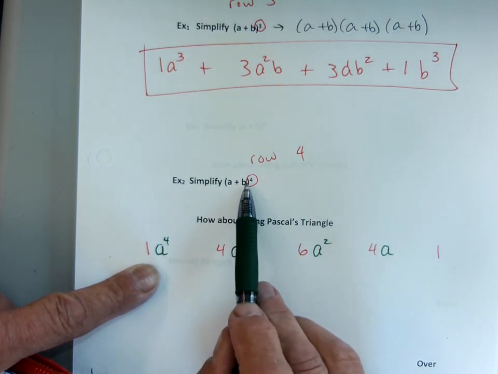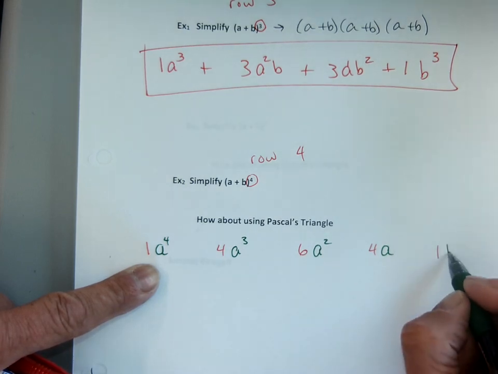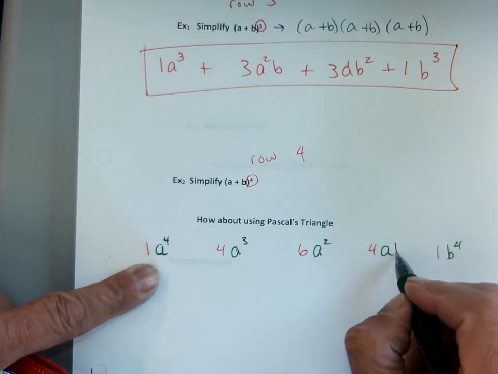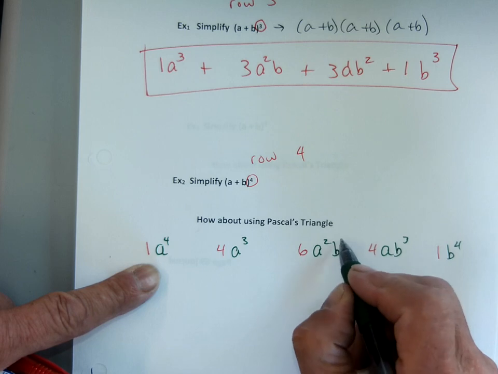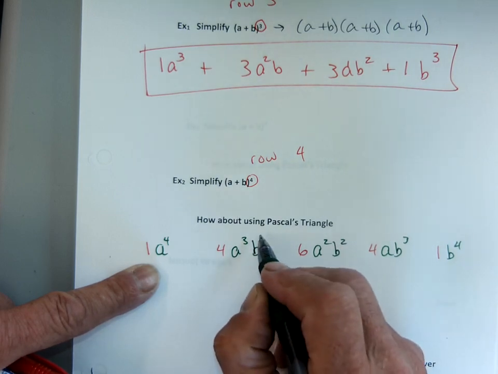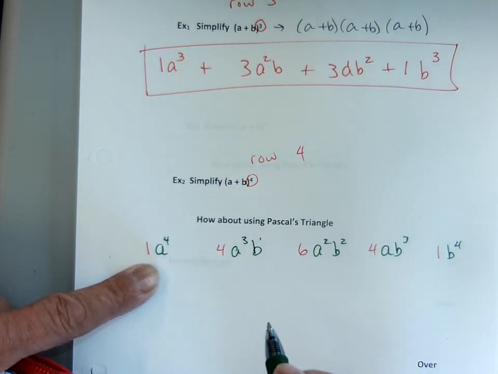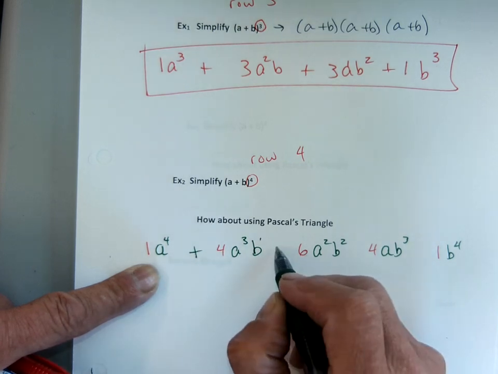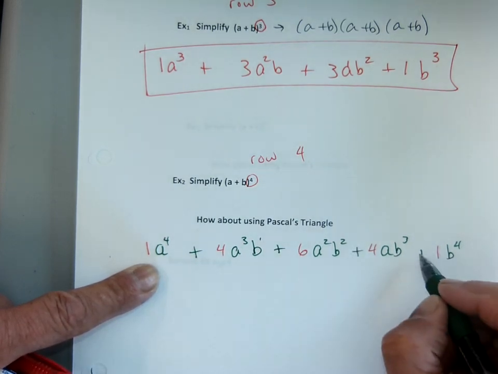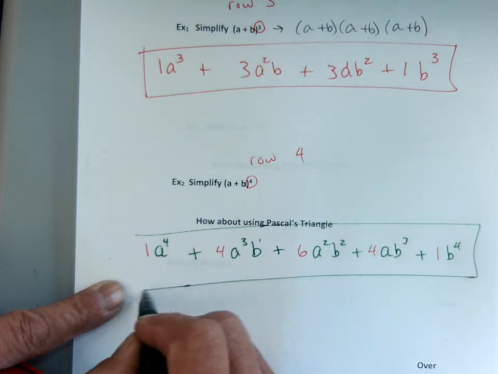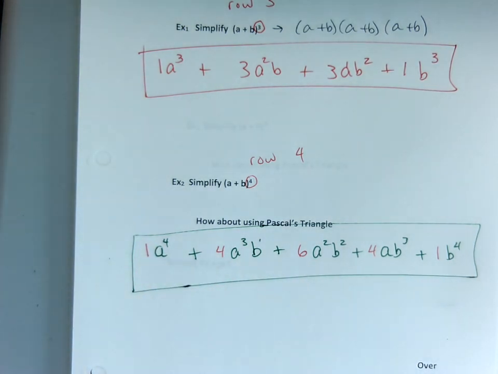I'll have a b^4, b^3, b^2, b^1, and no b's. Separate the terms by plus signs. That is the answer.